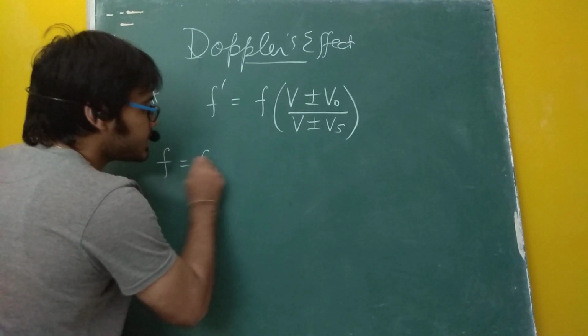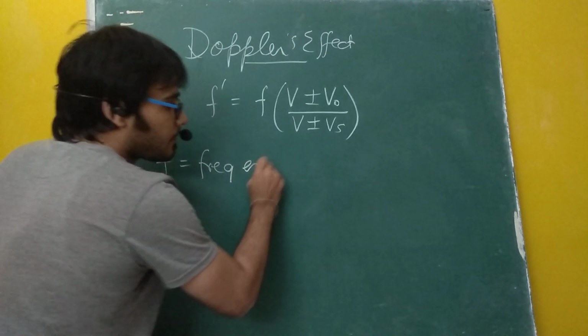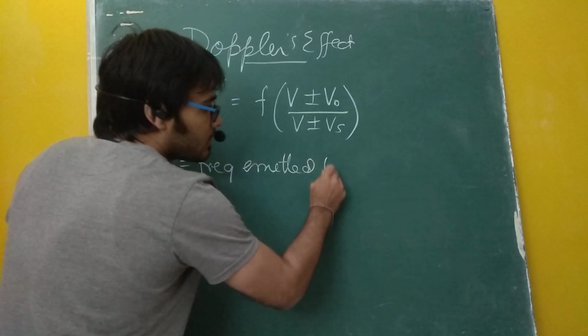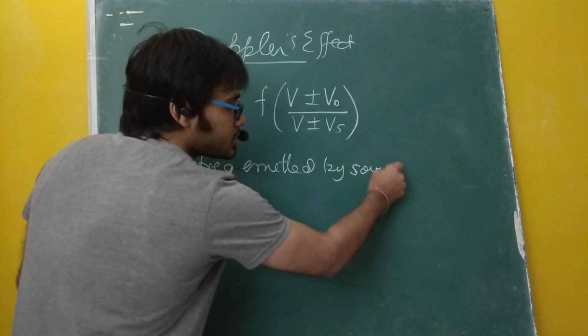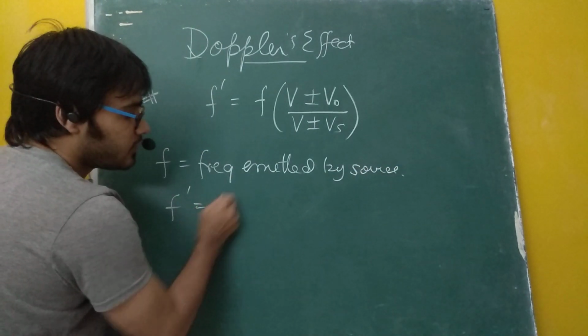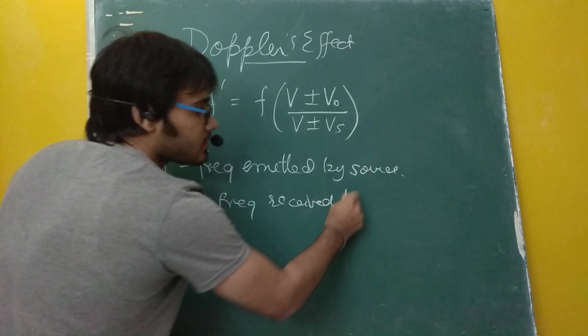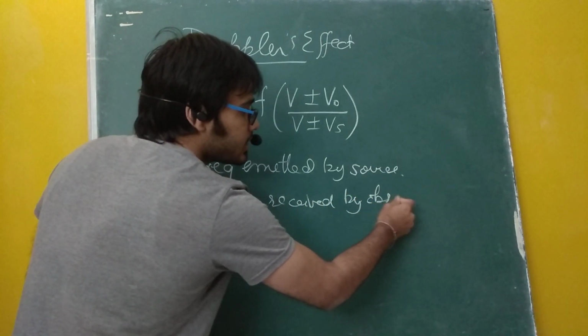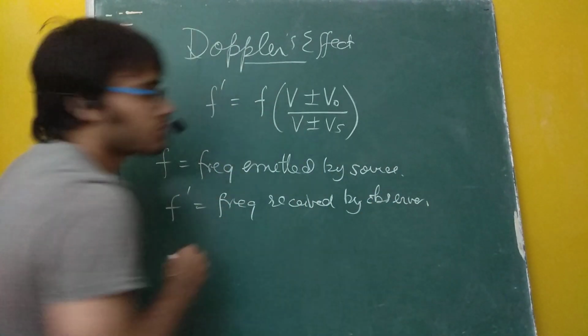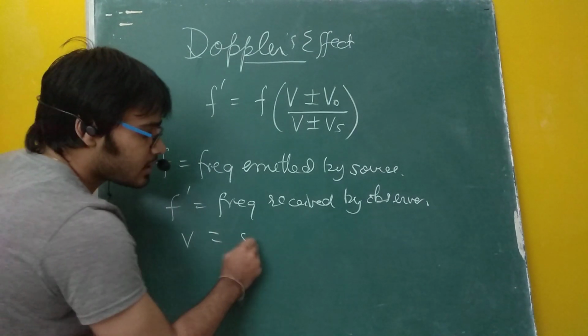F is the frequency emitted by the source, and F dash is the frequency received by the observer. V is the speed of sound in air.